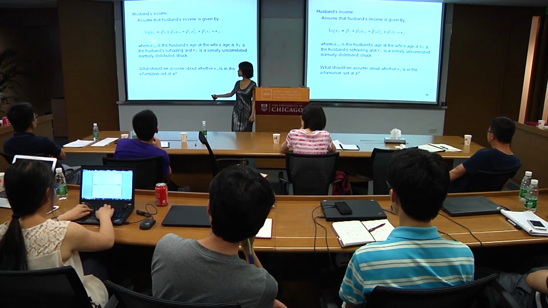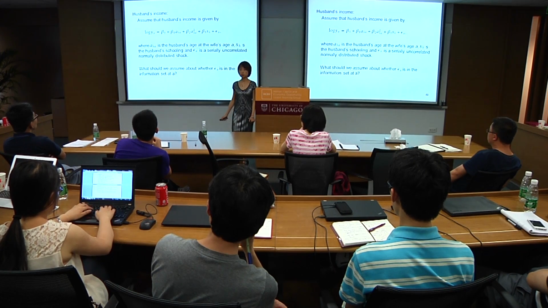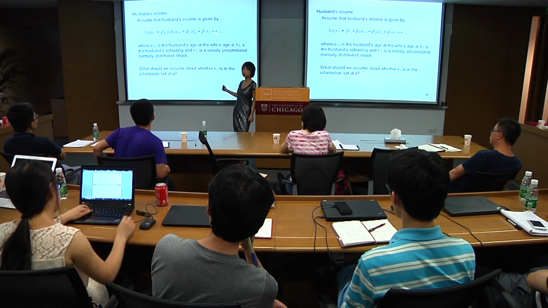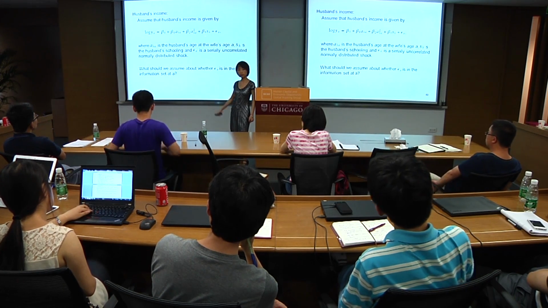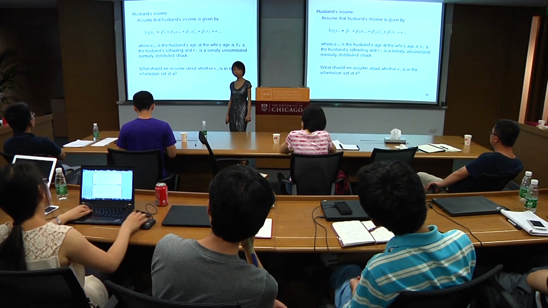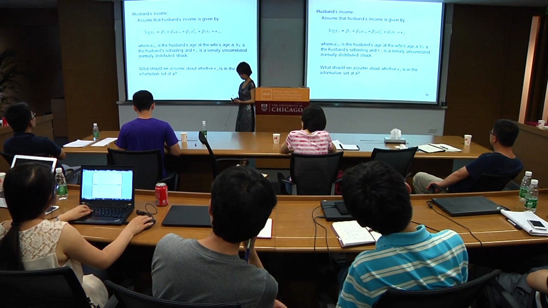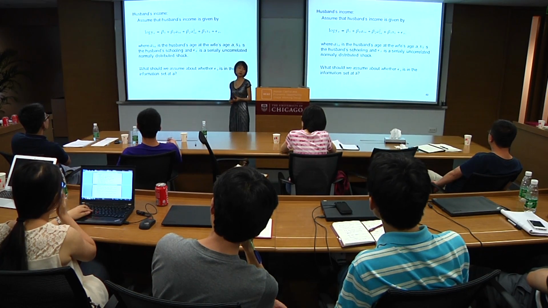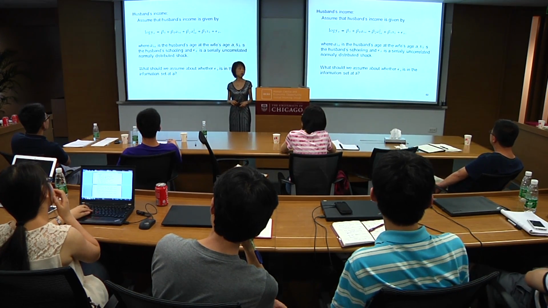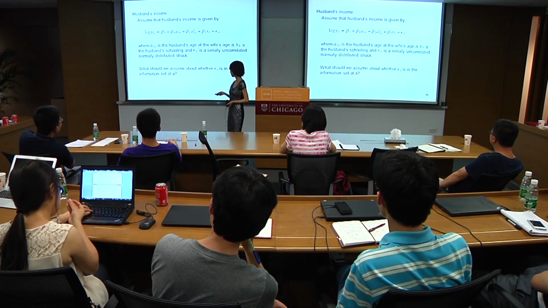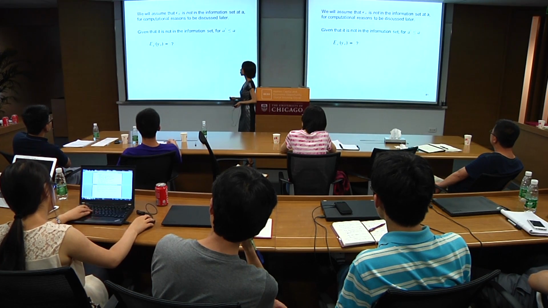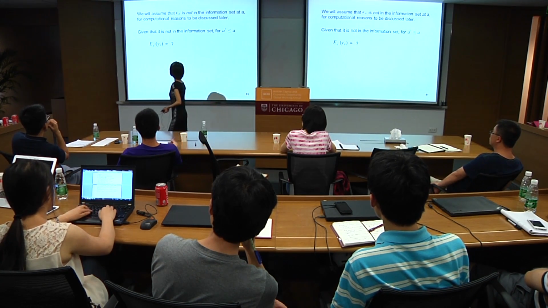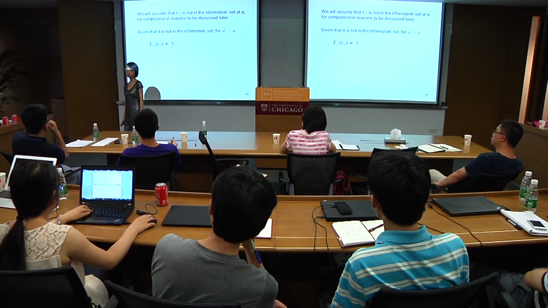And what about the income of the husband? Does she know the exact income, i.e. the epsilon A here? What do we assume? There is not a right or wrong answer in this case. And we will assume it's not in the information set for computational reasons.